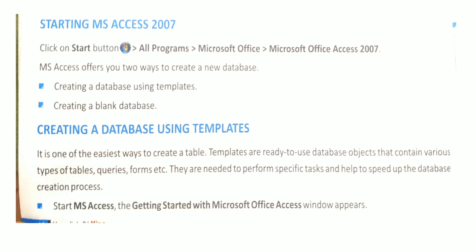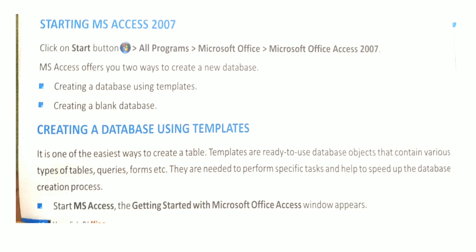It makes the process easy to perform the task. They are needed to perform a specific task and help to speed up the database creation process. So by using a template, we can perform a specific task easily, and it also speeds up the process of creating a database.